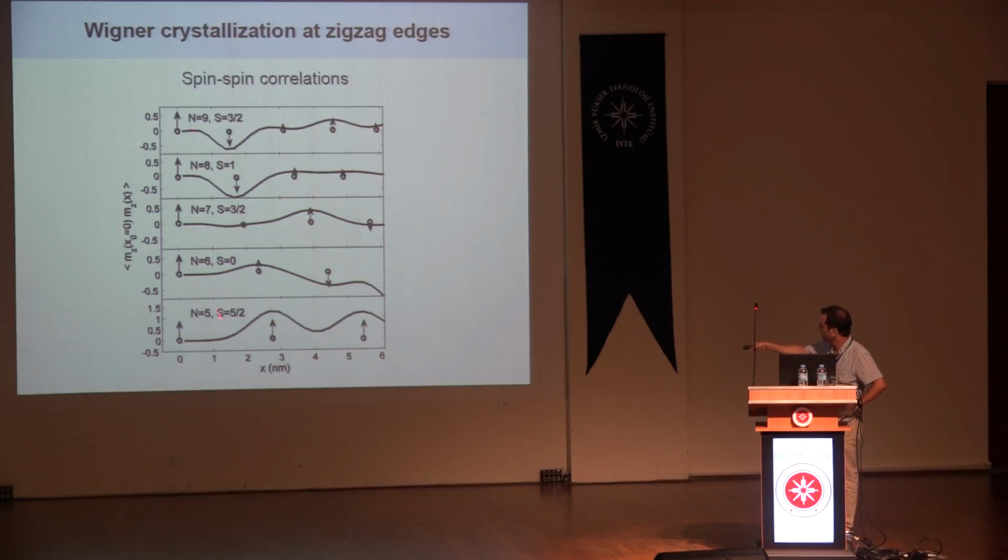As the number of electrons decreases, you see that the nearest electron is getting far away. Because the density decreases, localization increases, and also the coupling between the nearest electrons switches sign. Initially it is anti-ferromagnetic, and then at the end it becomes ferromagnetic. So this affects the total spin of the system.